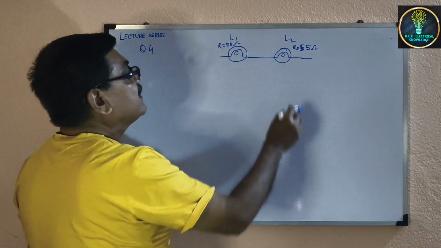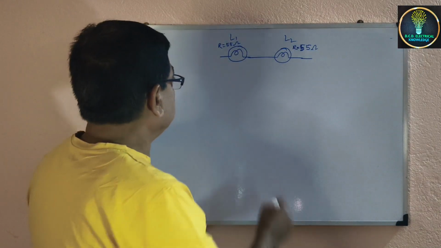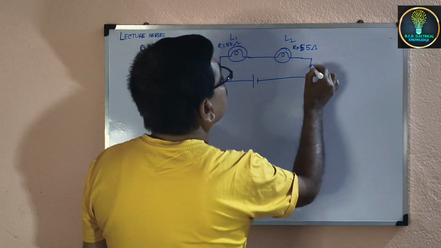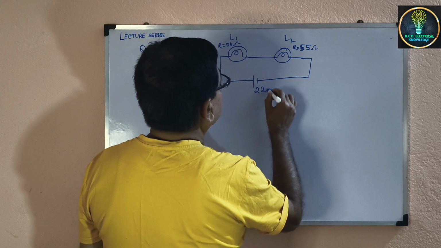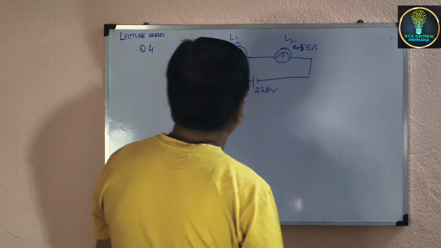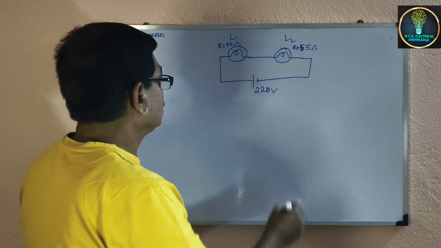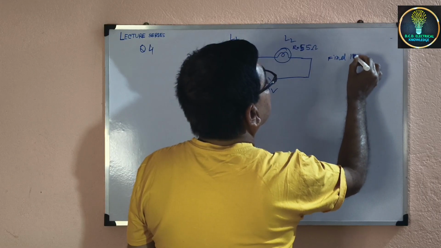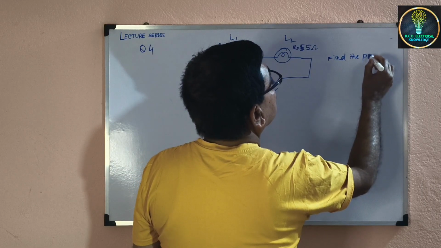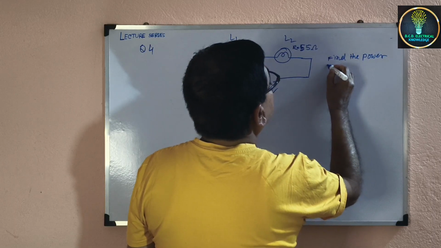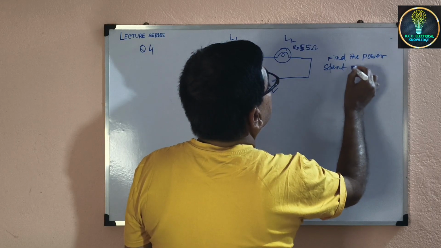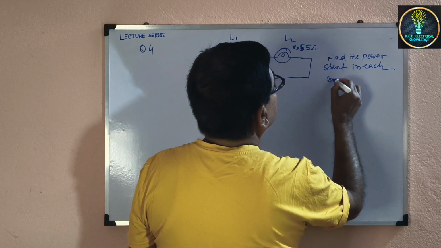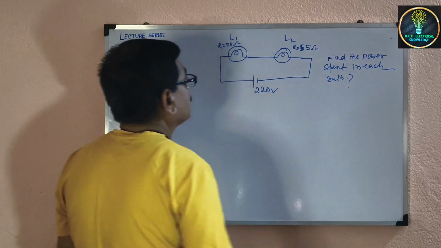These two series connected lamps are connected with 220 volt. Then find the power spent in each bulb.